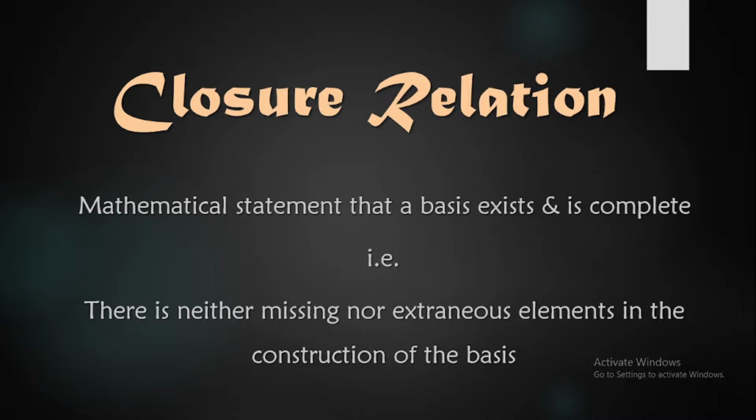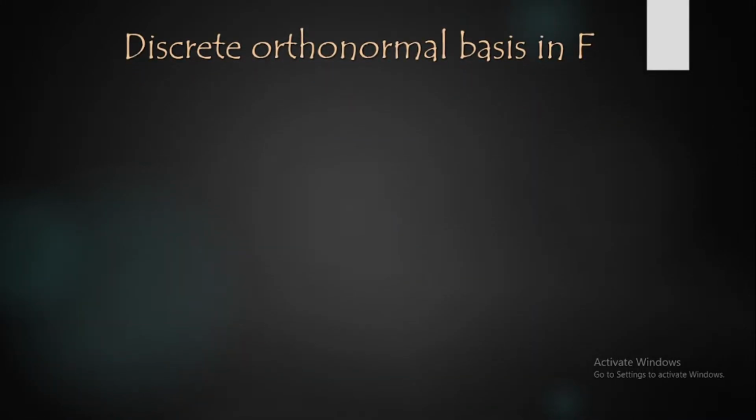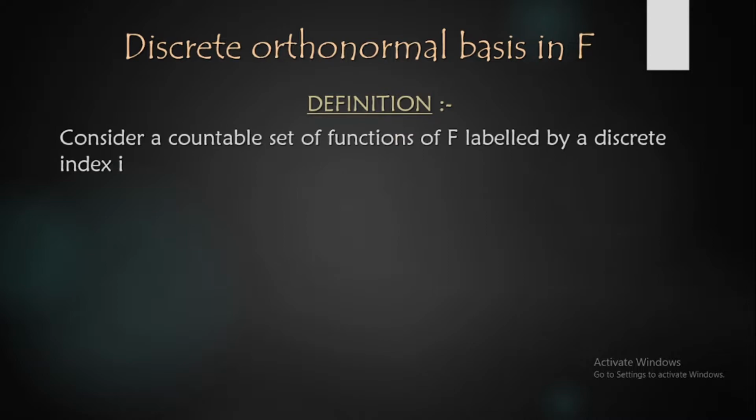Coming back to the closure relation, in order to derive it, we need to know some details. First let us consider the discrete orthonormal basis in F. F is nothing but the field or the space where we are going to work. To define it, let us consider a countable set of functions of F which is labeled by discrete index i.